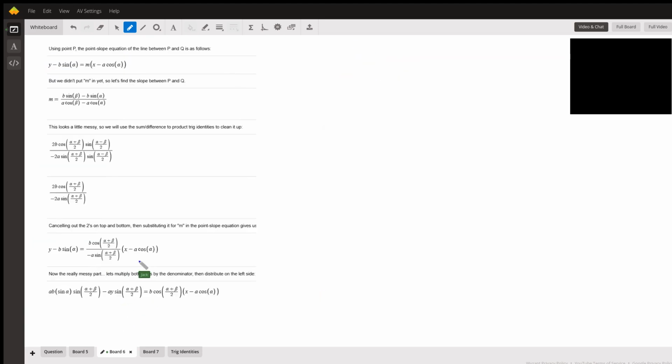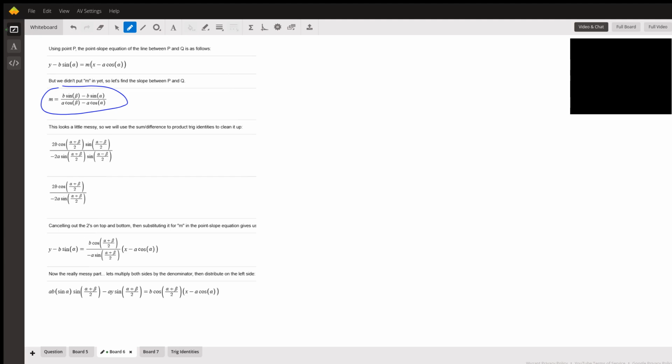Now, I said earlier that we're using point slope. And so we have the point slope form right here using point P, but I haven't put in M yet because M, our slope, looks like this: B sine beta minus B sine alpha divided by A cosine beta minus A cosine alpha.